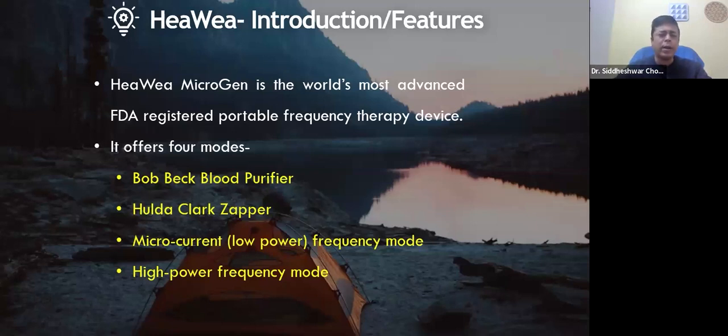These are very simple to handle. So the first mode is the Bob Beck blood purifier mode. Second mode is Hulda Clark Zapper. Third mode is microcurrent, the low power frequency mode. Fourth is high power frequency mode, right? We'll be discussing in details each and every mode.